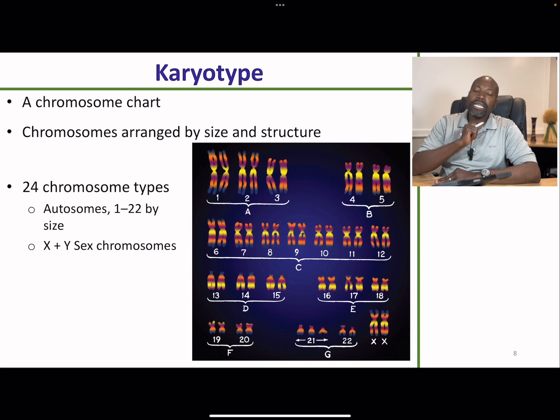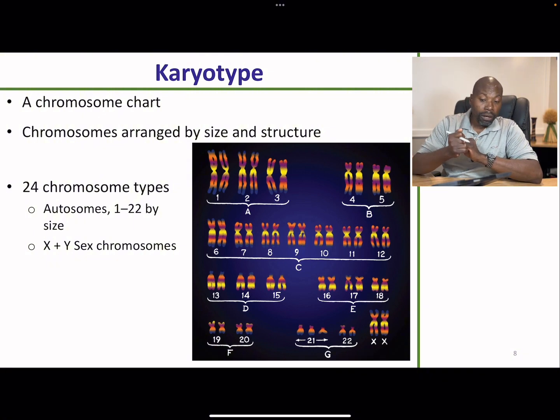So we already talked about karyotypes, but karyotypes are types of charts that actually show the chromosomes. It allows us to say how many chromosomes an individual has, if there are too many chromosomes or too small an amount of chromosomes, if the chromosomes are abnormal in terms of shape and in terms of size.